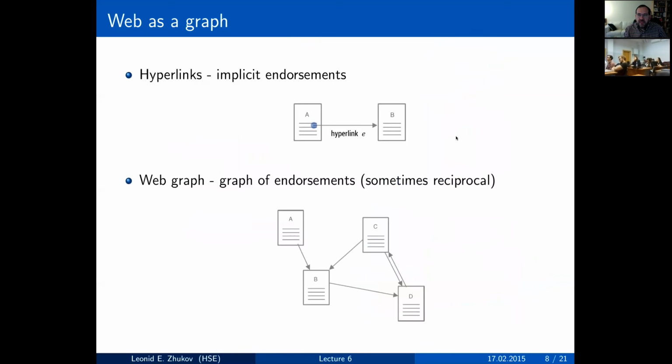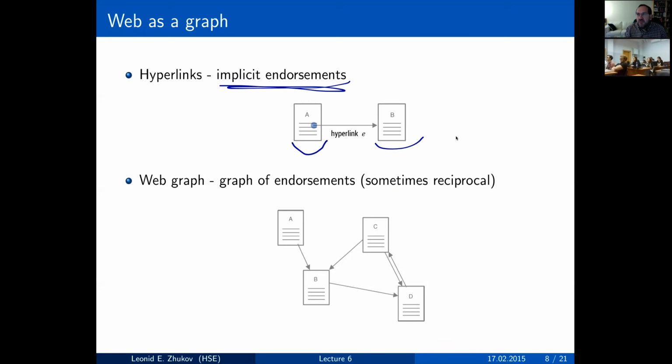Now, the reason we want to study that is because a hyperlink from one page to another is really an implicit endorsement that the author of page A gives to page B. So in some sense, it is very similar to citations. If a paper is cited by other papers, that really is an endorsement of the author of that paper by the other authors who cite it.